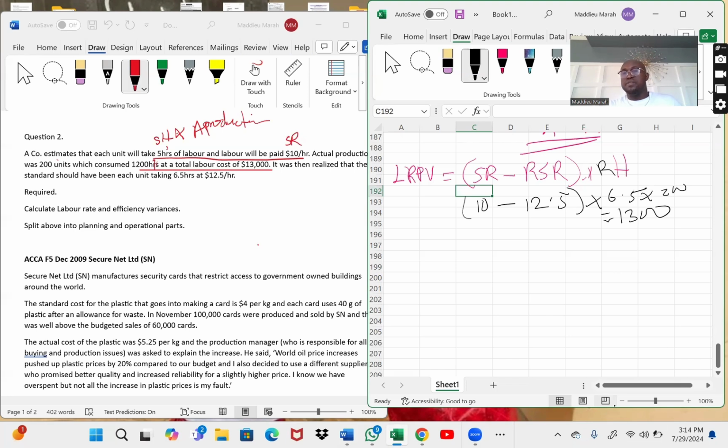So how do we see this variance? Favorable or adverse? Adverse, very good. So we planned to pay 10 and we revised it, we pay 10.5. So we have this multiplied by the quantity hours, 3250.